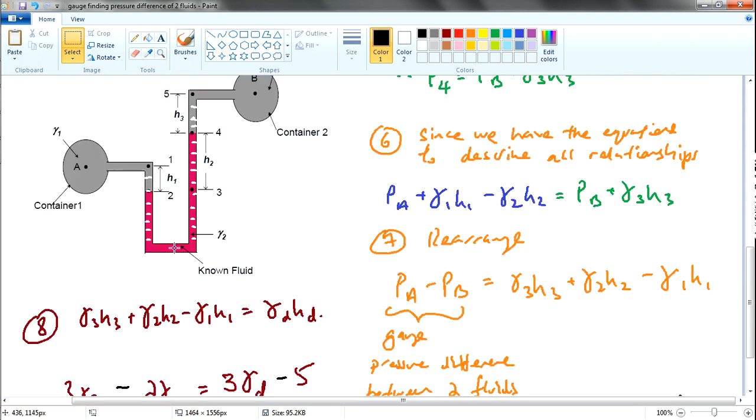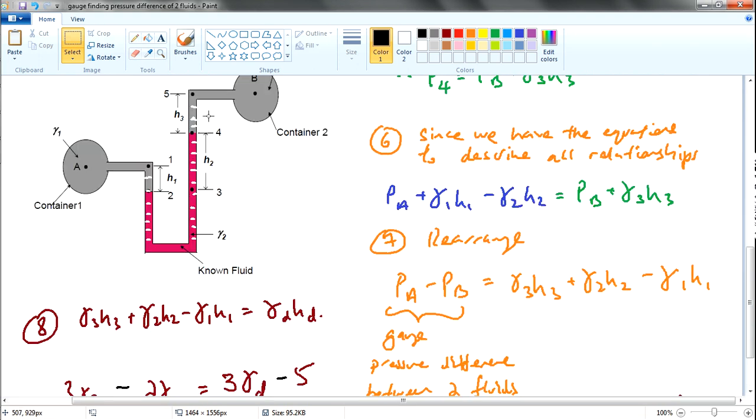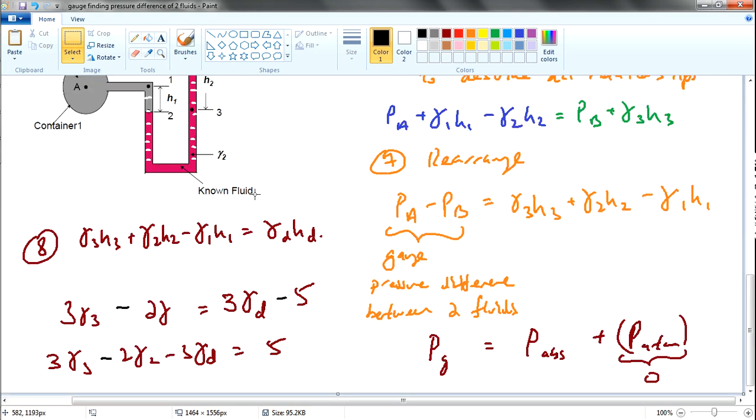So the difference between these changes and the pressure difference will result in the changes in this, which totally doesn't make sense.